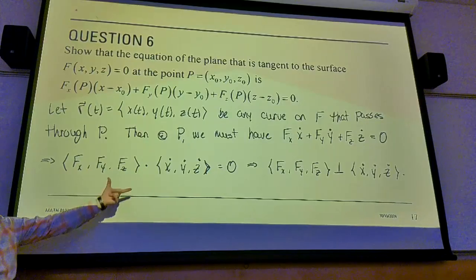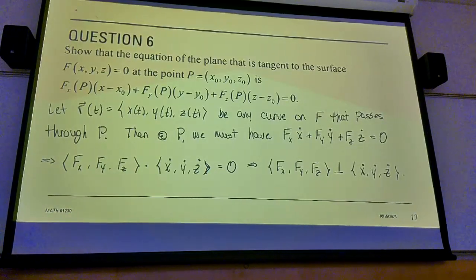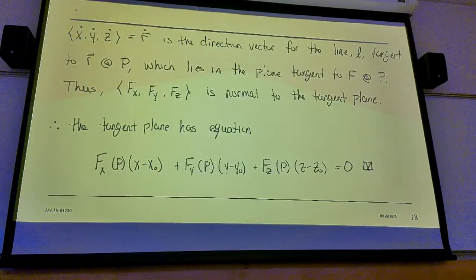A dot product of 0 means the vectors are orthogonal. But that x dot, y dot, z dot is r dot, right? It's the derivative of r with respect to time, which gives the direction of a line tangent to your curve r. Remember that?